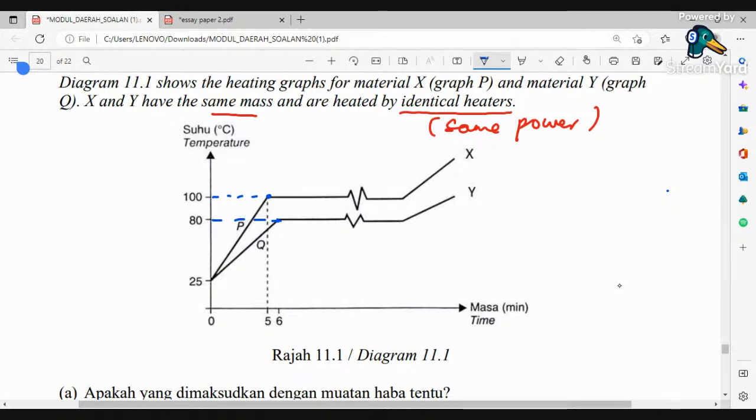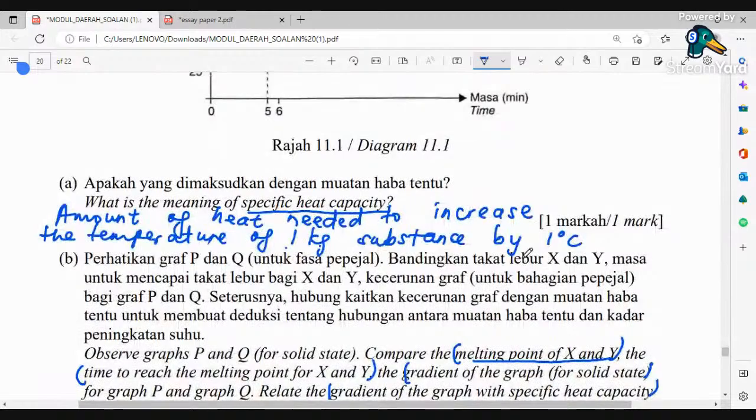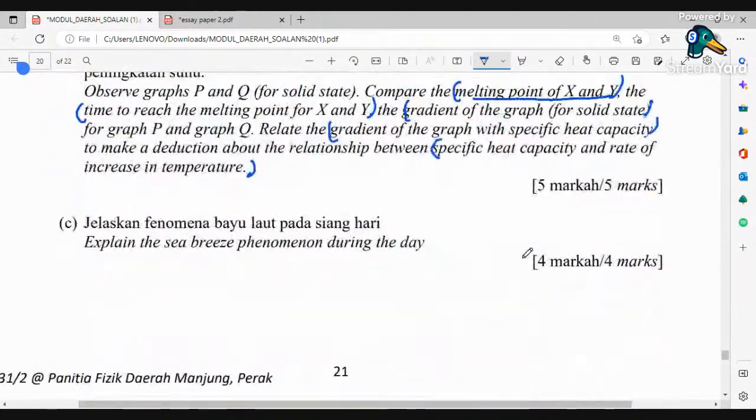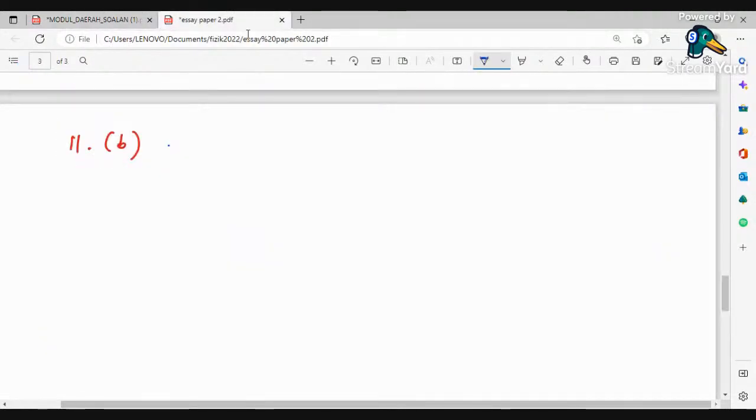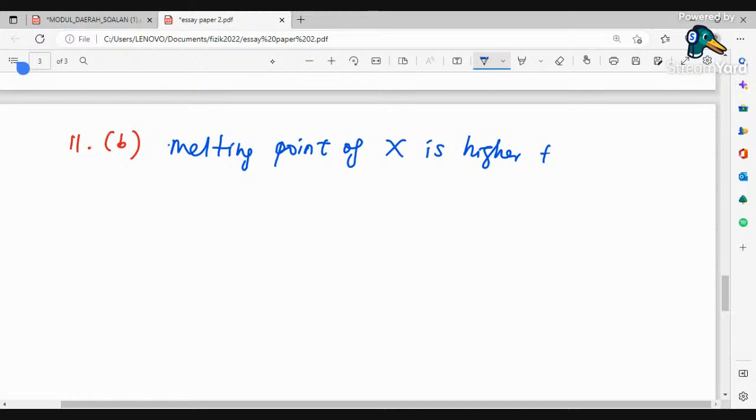So melting point of X is higher than melting point of Y. First point: melting point of X is higher than that of Y.